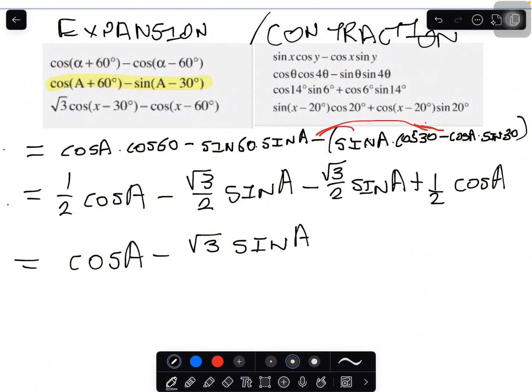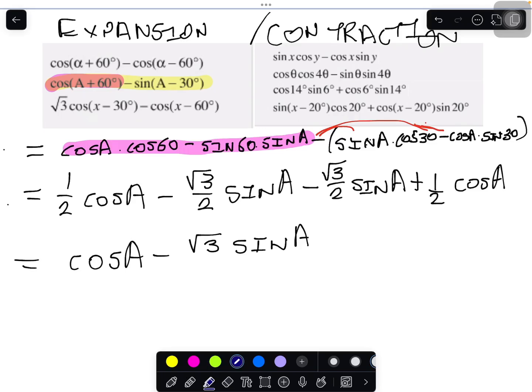Let's go through a way of checking our work. So we're going to take this first part of this function here, and we're going to look at this first part here. Did we expand it correctly? So I have cos A, correct, cos 60, correct, minus sine 60, correct, times sine A, correct. We put in the minus sign from here.